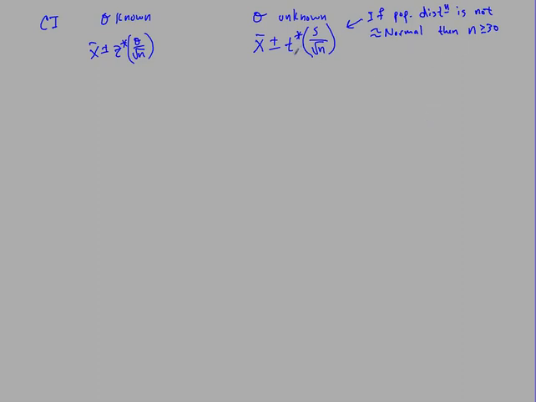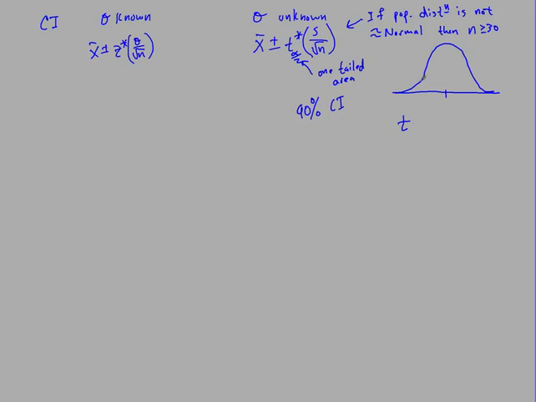And sometimes I'll use this alpha divided by 2. This is just a one-tailed area. So for example, if they wanted a 90% confidence interval, the alpha is 1 minus this.